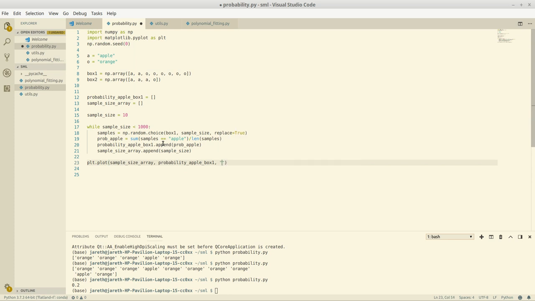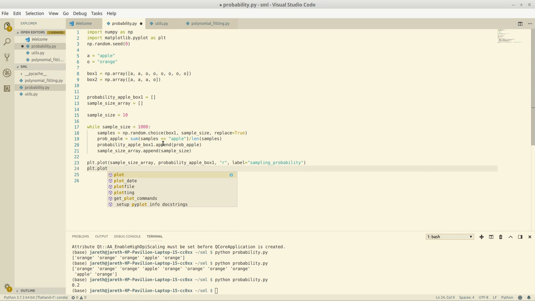Let's give it a color of red, and the label is, let's just call it sampling probability. Right.